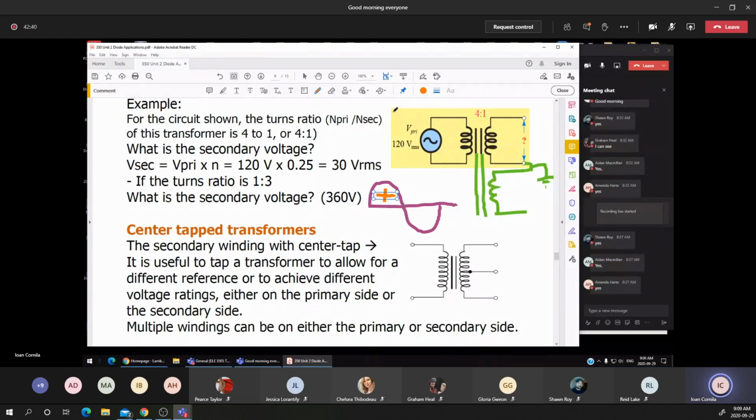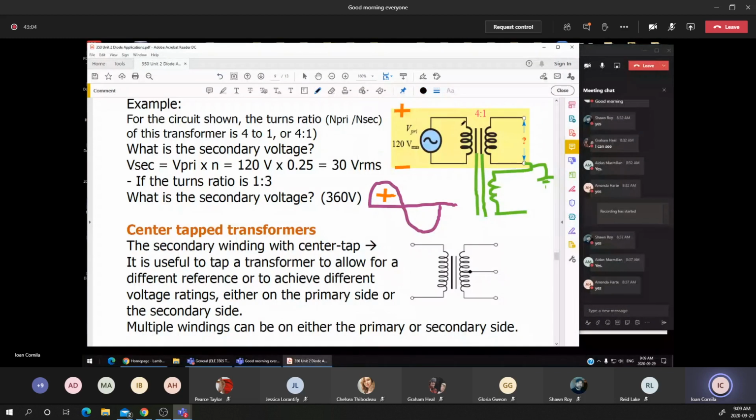That means the positive is on the top and the negative is on the bottom. There is a notation called dot notation. Probably I may use a different color to show you the dot notation.